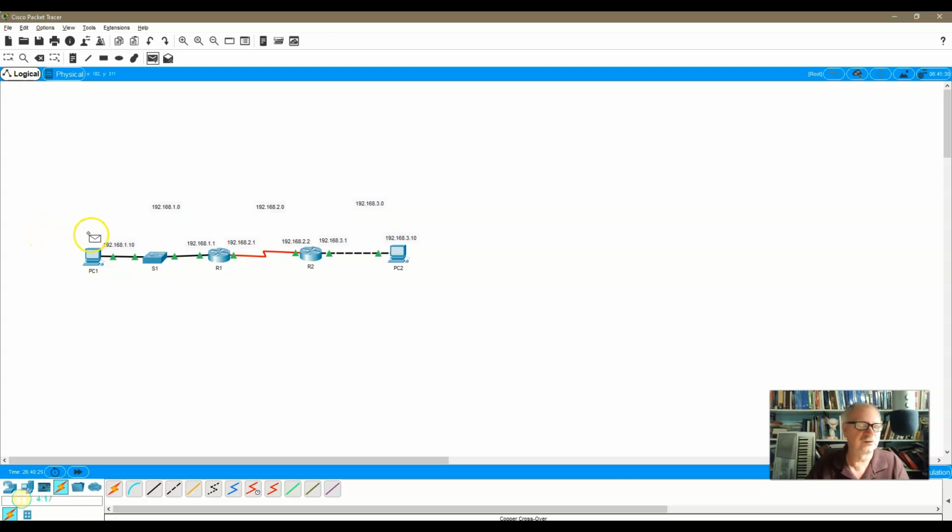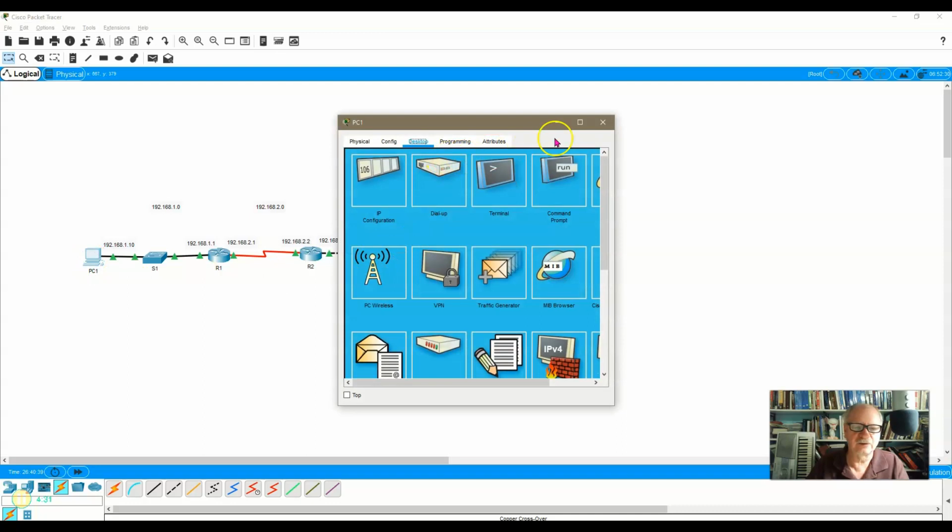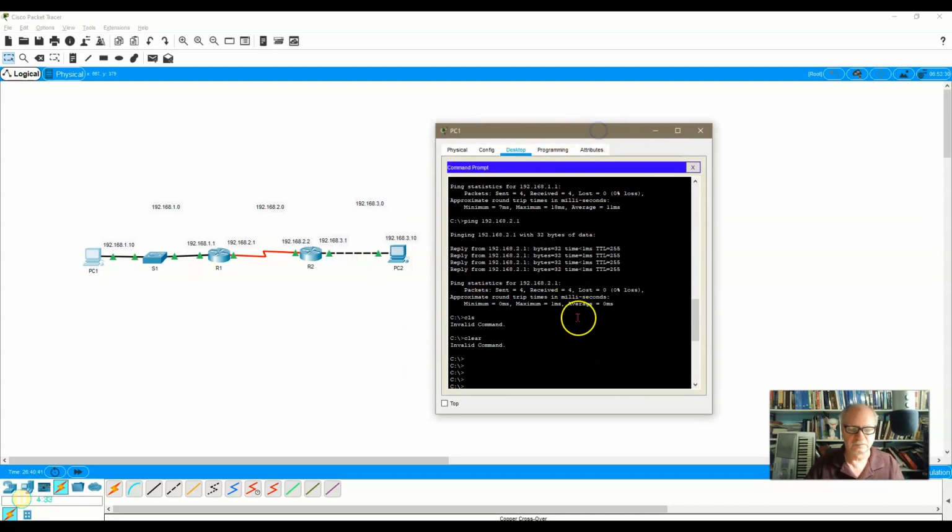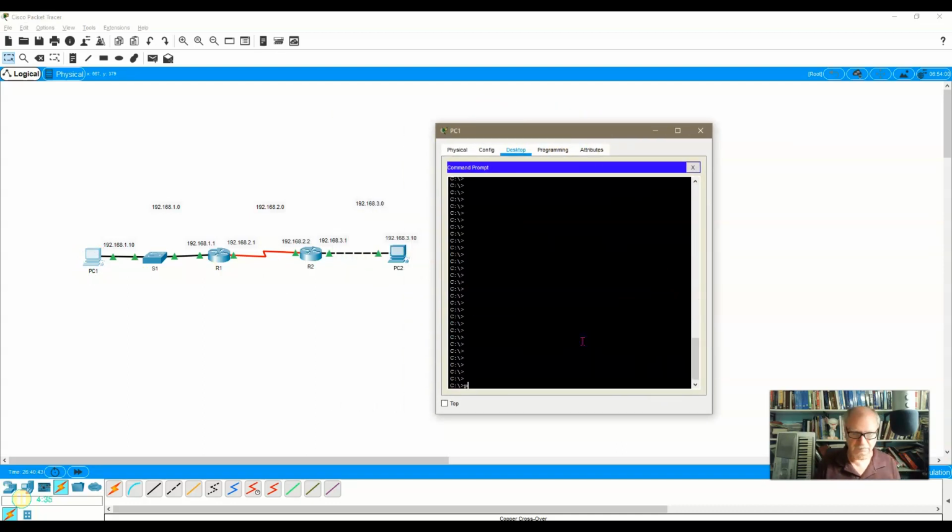Now, here's an interesting question. Could I ping this interface, 192.168.2.1? The answer is yes, I certainly could ping the 2.1 interface. Let's try it. Ping 192.168.2.1.